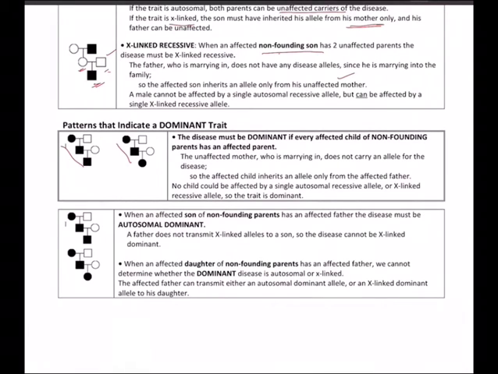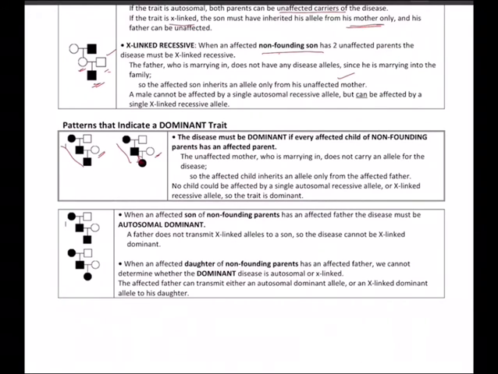Now the unaffected mother who is marrying in does not carry an allele for the disease. So the affected child inherits an allele only from the affected father.